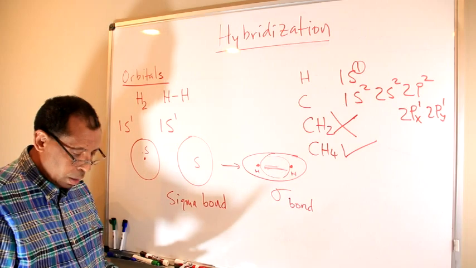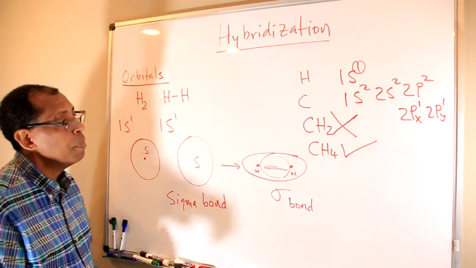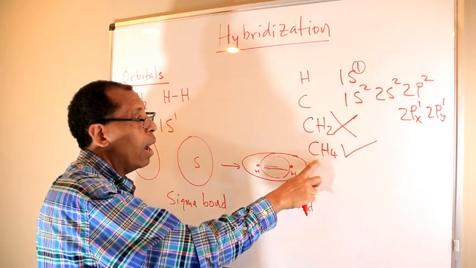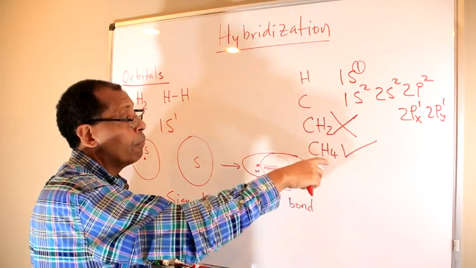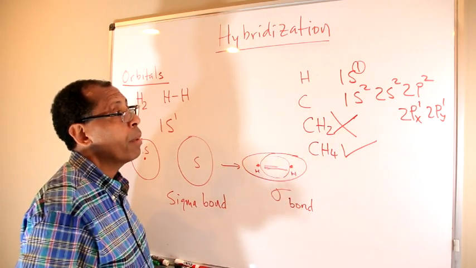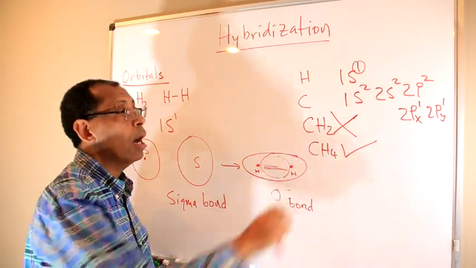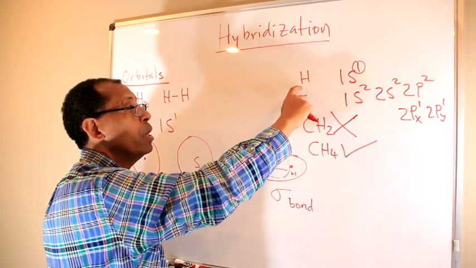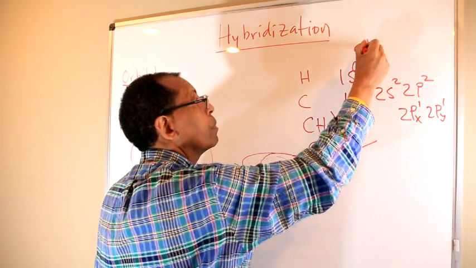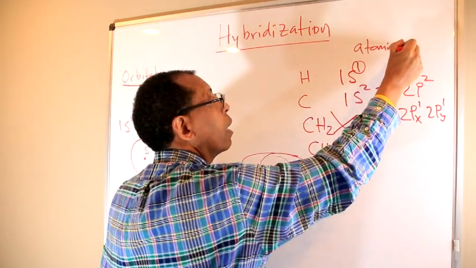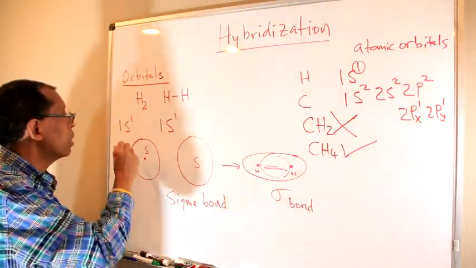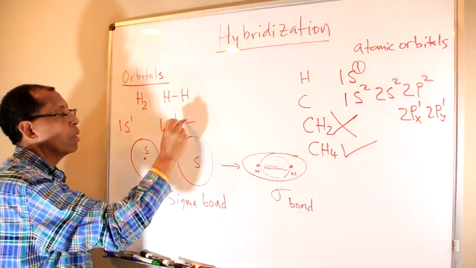Next, we will see a tetrahedral shape that makes a methane compound out of 4 hydrogens and 1 carbon. That is made by hybridized orbitals, not by just the combination of the atomic orbitals. These are atomic orbitals. Just as these are atomic orbitals as well.